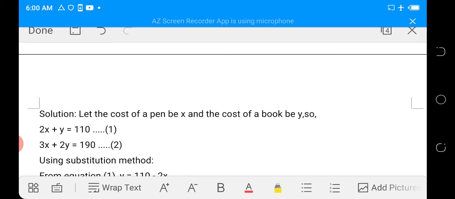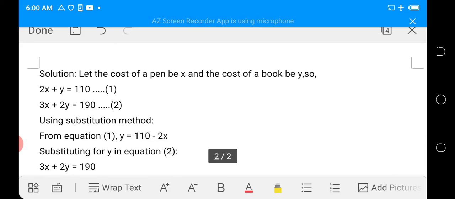To use the substitution method, I will make either x or y the subject of the formula in equation 1, because equation 1 looks simpler than equation 2. So in equation 1, it is better we make y the subject of the formula. So making y the subject of the formula, I'm going to have y equals 110 minus 2x.